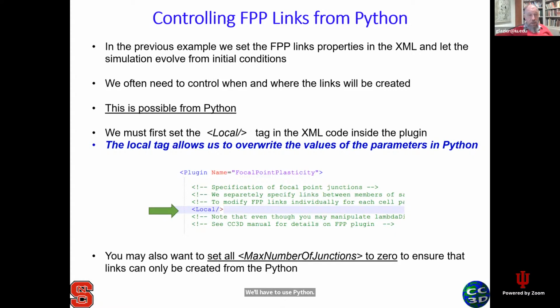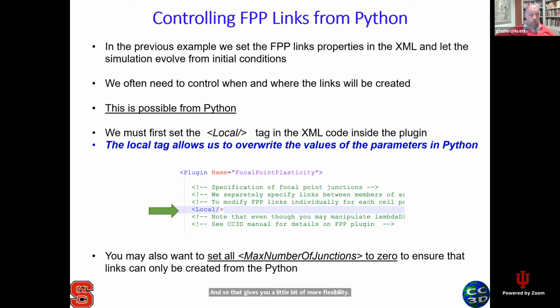And the good news is that unlike the volume constraint in CompuCell, where you could have the volume constraint specified in the XML or in the Python, but not both, since this was written more recently, it has a tag called local, which says use the XML values to initialize the simulation, but you are allowed to overwrite those values in Python. And so that gives you a little bit more flexibility.